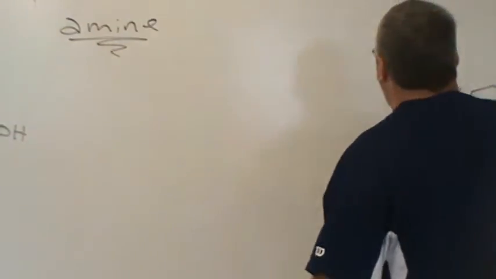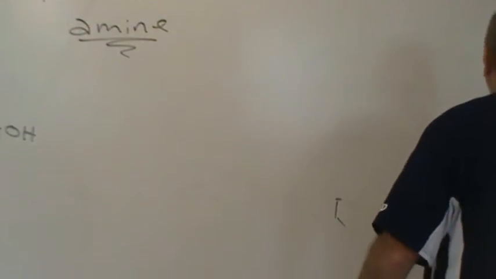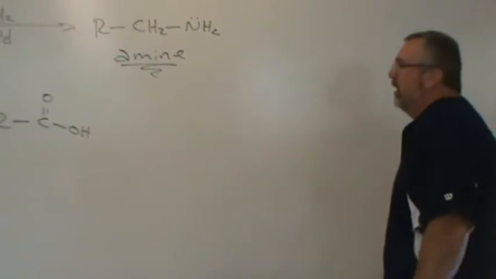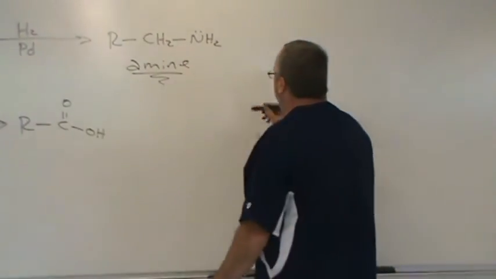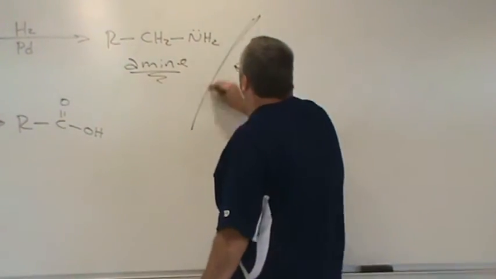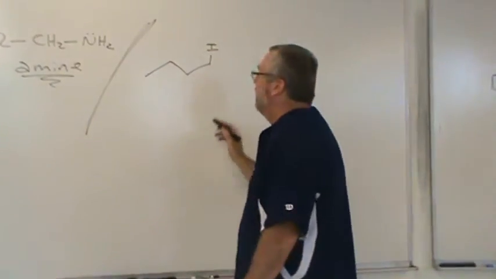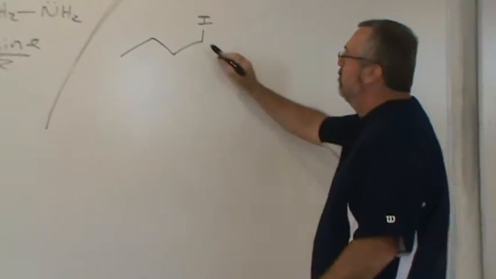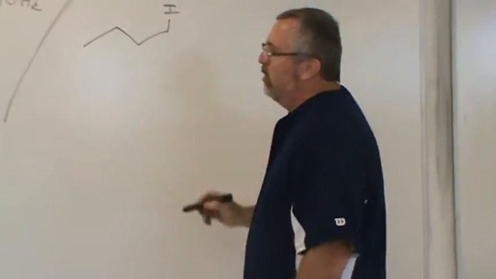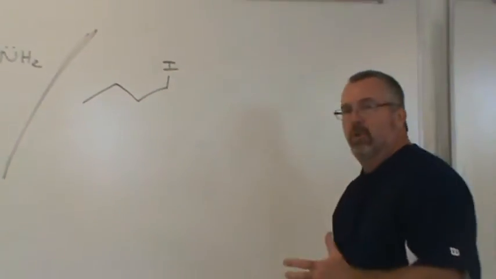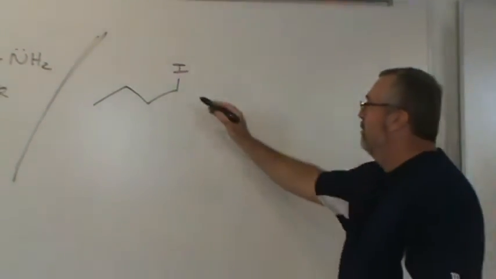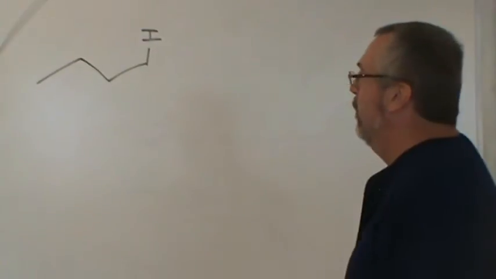Because what I want you to recognize is that a moment ago we talked about how to make nitriles by bringing in a cyanide anion nucleophile and conducting an SN2 reaction. That allows us now to think about synthesis problems like this, where I start with a 4-carbon substrate in which I have a leaving group at a position suitable for an SN2 reaction, and this happens to be on a primary carbon, so that's good.